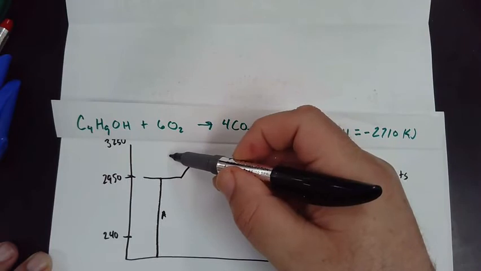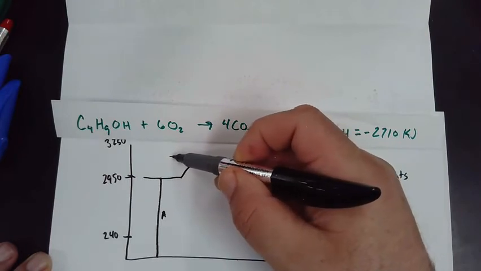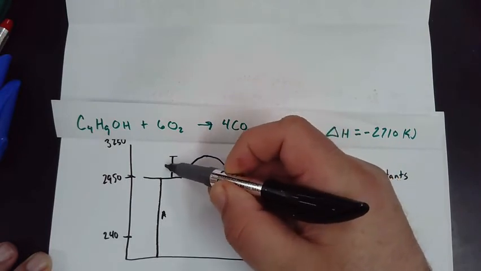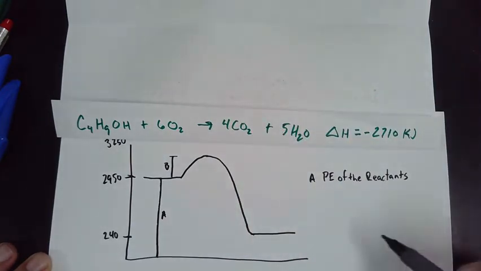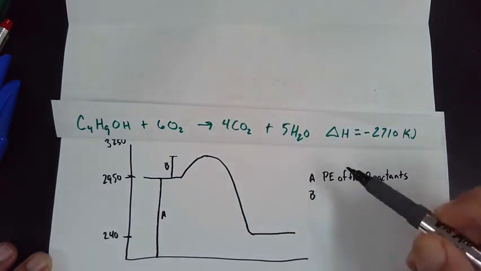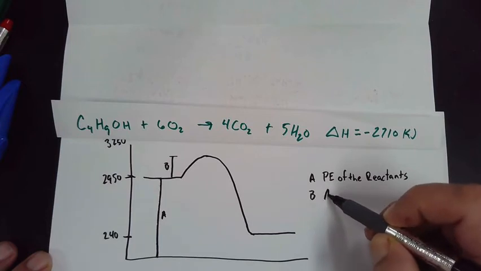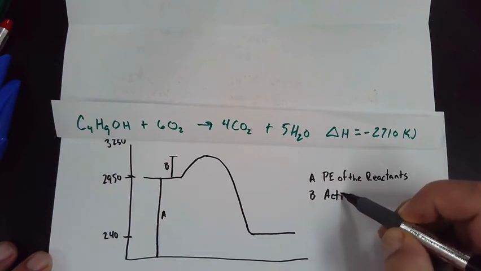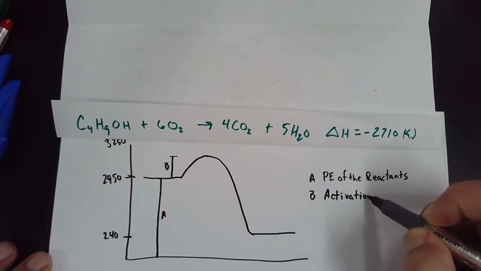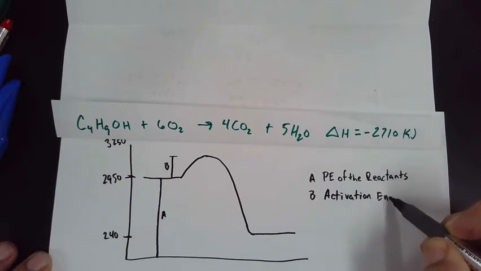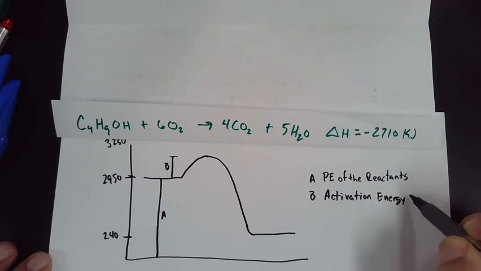Okay. What about letter B? Letter B is measuring from the reactants to the activated complex. This is our activation energy, or E sub A.